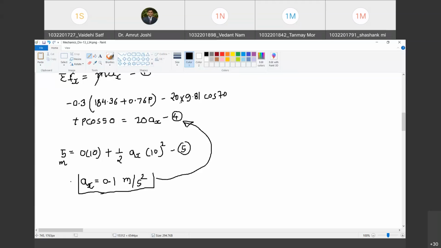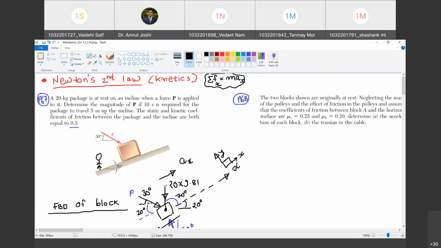Shift solve. So how much did you get? I got it as 299.94. Just cross verify. Newton.